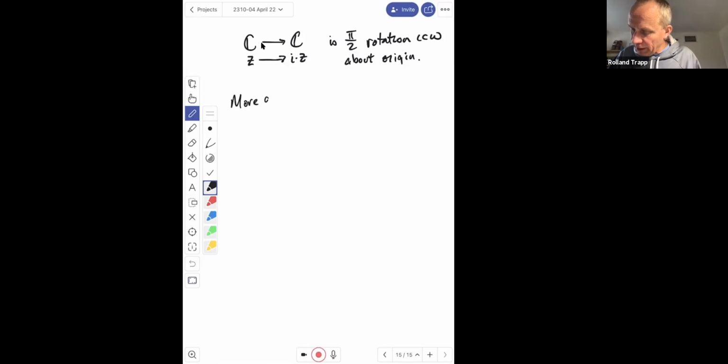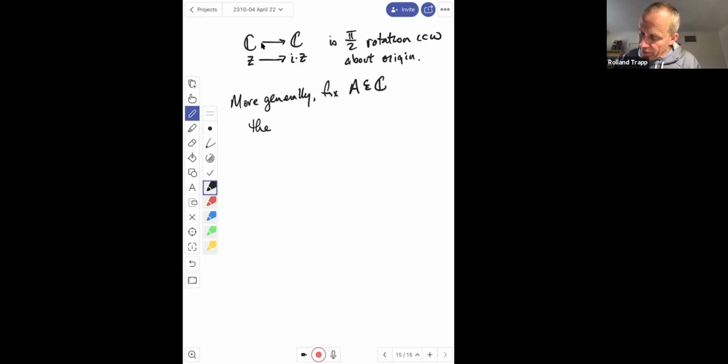So more generally, fix some a in the complex numbers. I can use a to define a transformation.